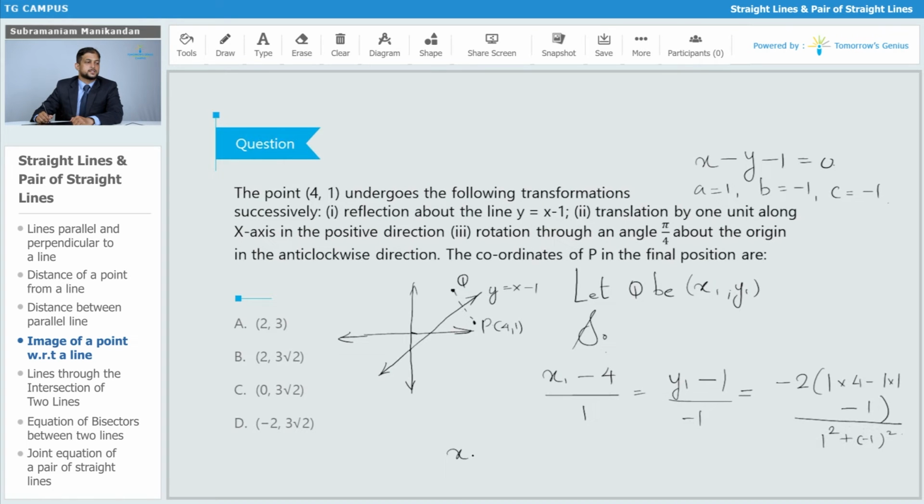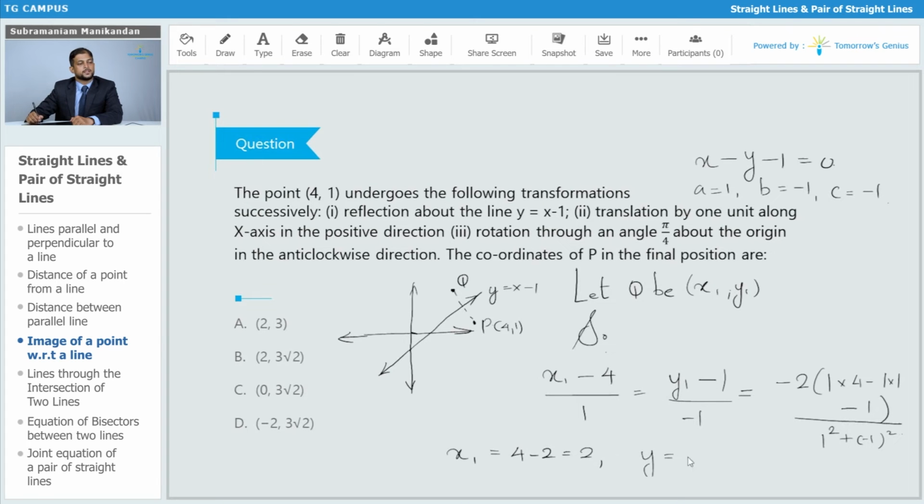So this gives us x1 is equal to 4 minus 2 is equal to plus 2.